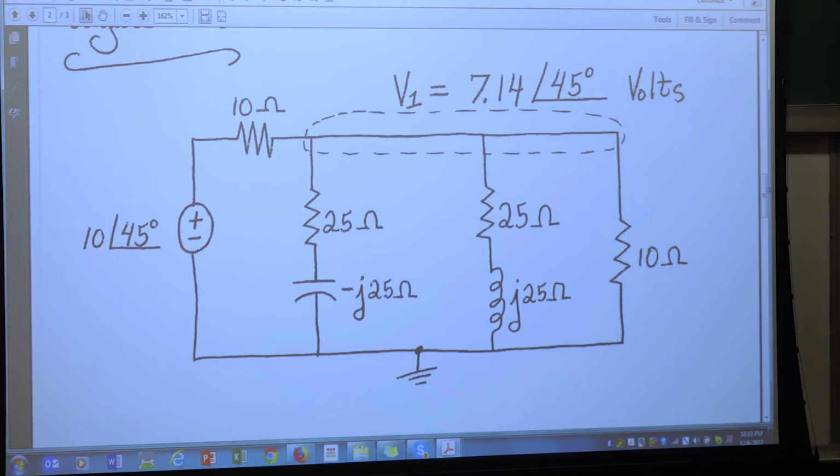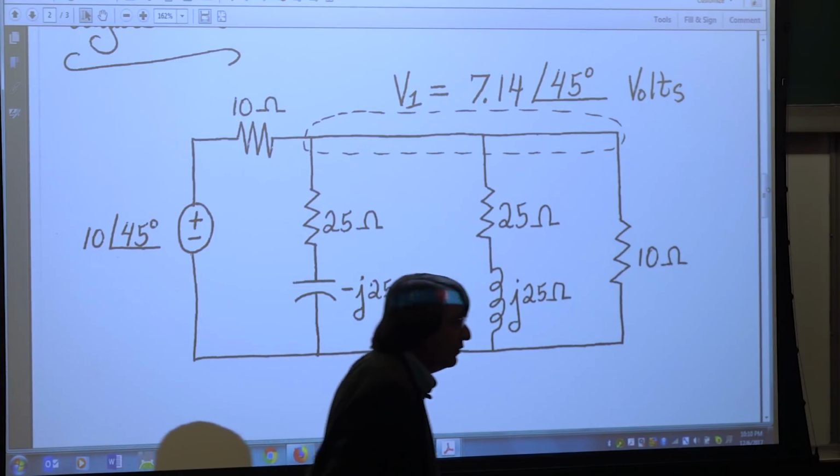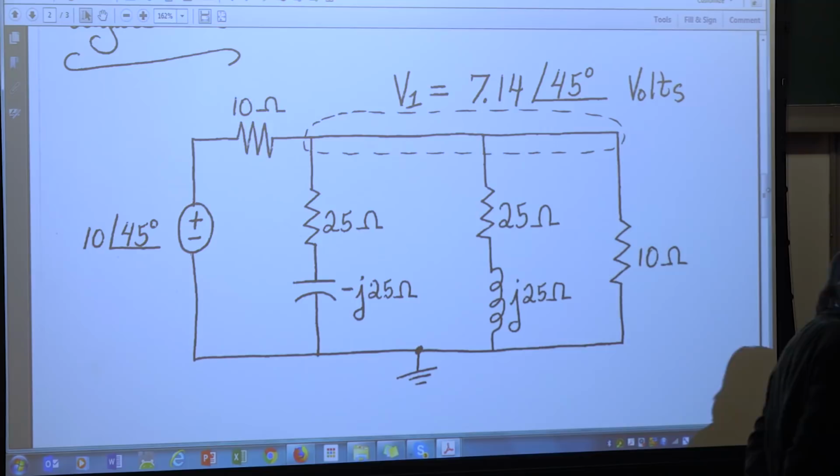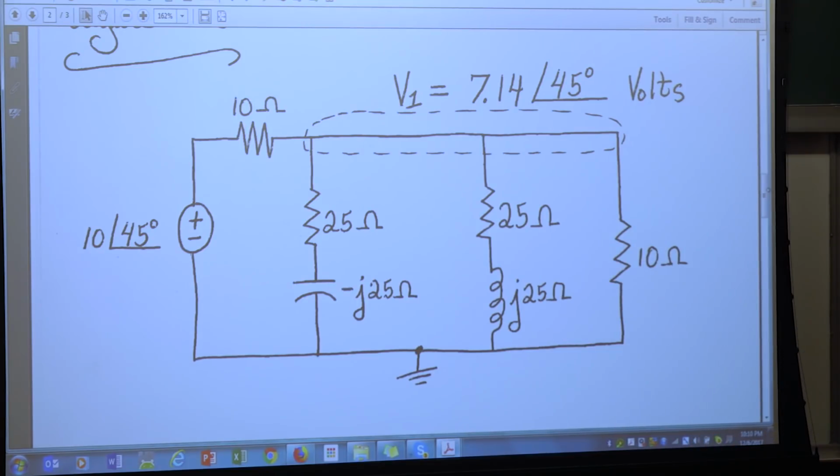So here I give you everything in terms of the V1, and now I'm going to ask you for the real power and reactive power of different pieces. How are you on this? Let me see if I can begin and make sure we're all okay, and I welcome questions.